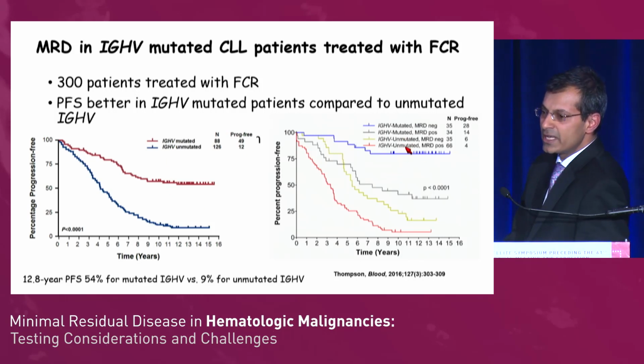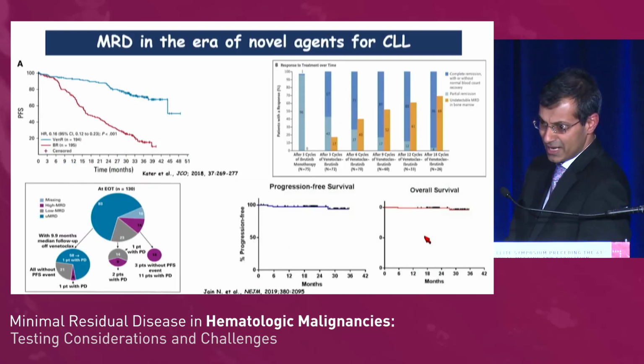But the MRD status of the patient could actually discriminate the patients with IGHV mutation into really good risk versus good risk. By contrast, the IGHV unmutated patients' overall prognosis did not differ much based on the MRD status.